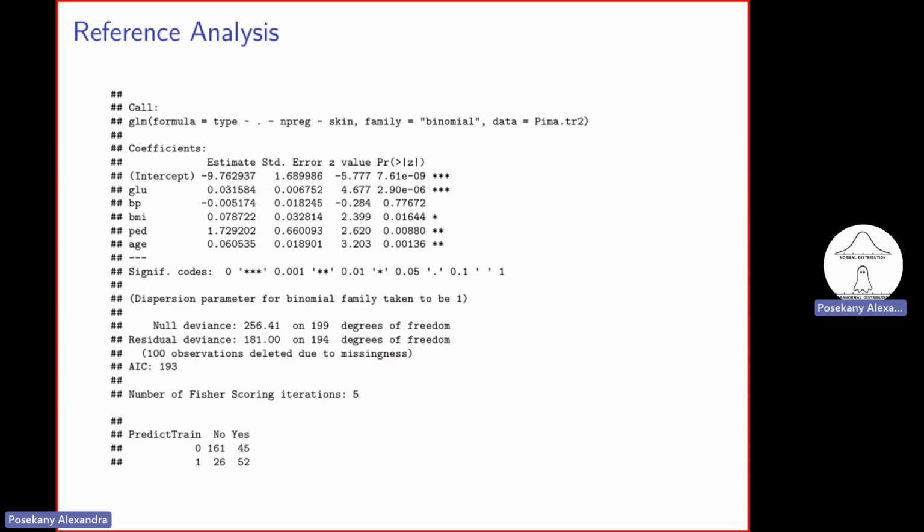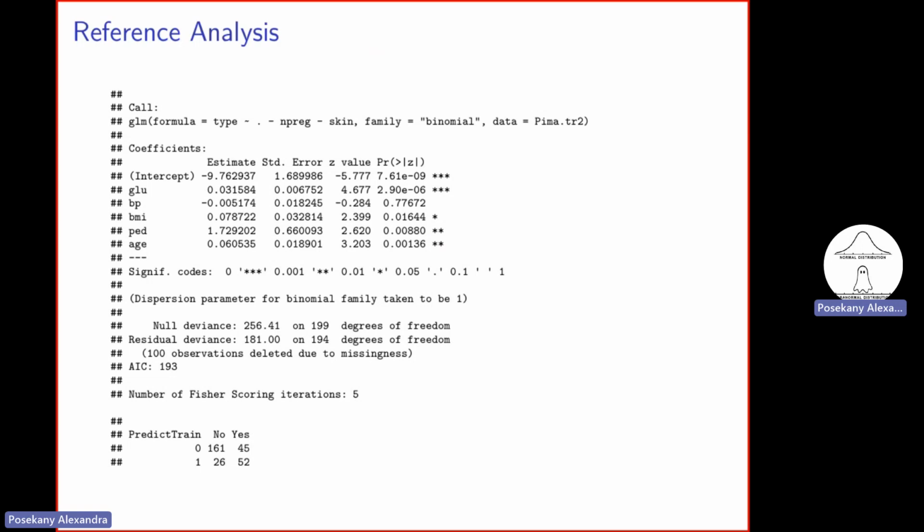Good, so this would then be the reference analysis. We take a generalized linear model. We are staying with a binomial family, making it a logistic regression model. We kick out the number of pregnancies and this skin fold thing, and we want to model type, which is the diabetes yes or no thing.